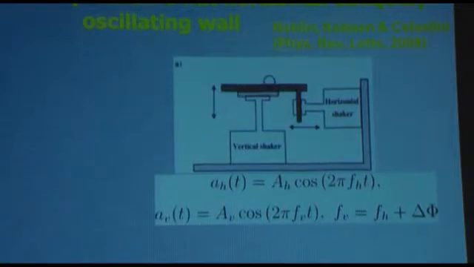Both are independent, so you can tune different amplitudes and different frequencies, which means the acceleration imparted on this drop on the table may be oblique. By changing the accelerations of the horizontal one and the vertical one, you change the direction of the acceleration imparted on this drop.